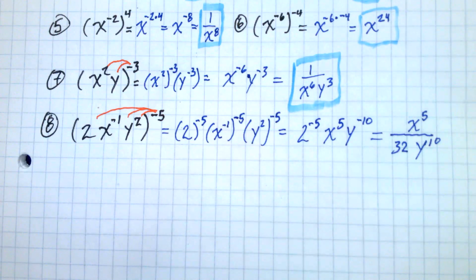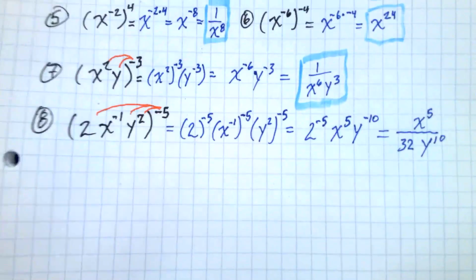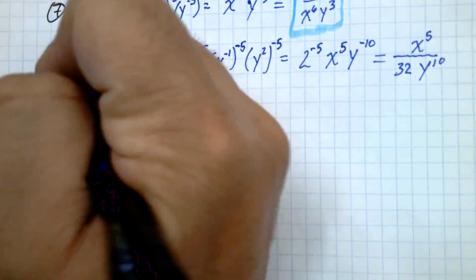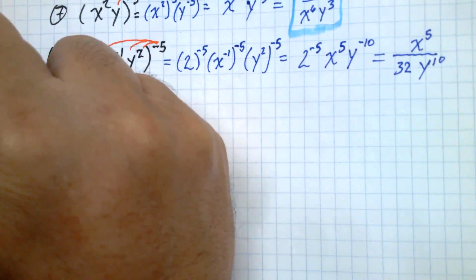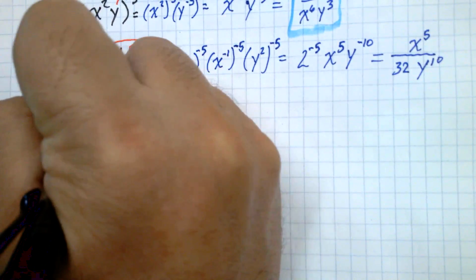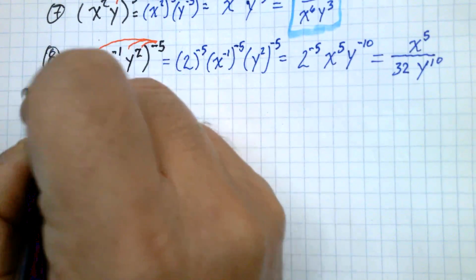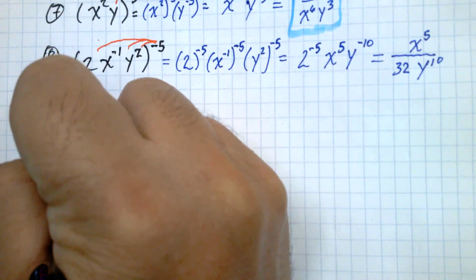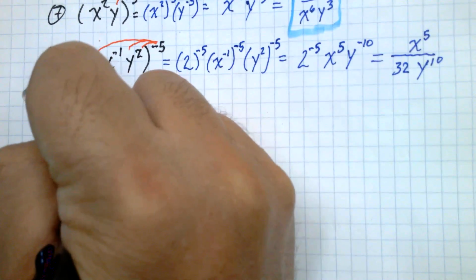So now let's deal with fractions, or dividing, I should say. Okay, number 9. Let's do x to the negative 3 over x cubed times x squared, just a bunch of x's.